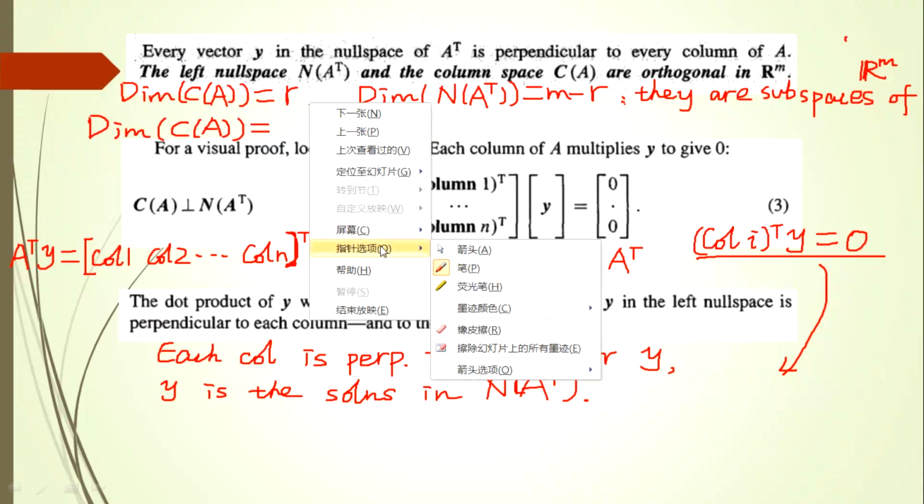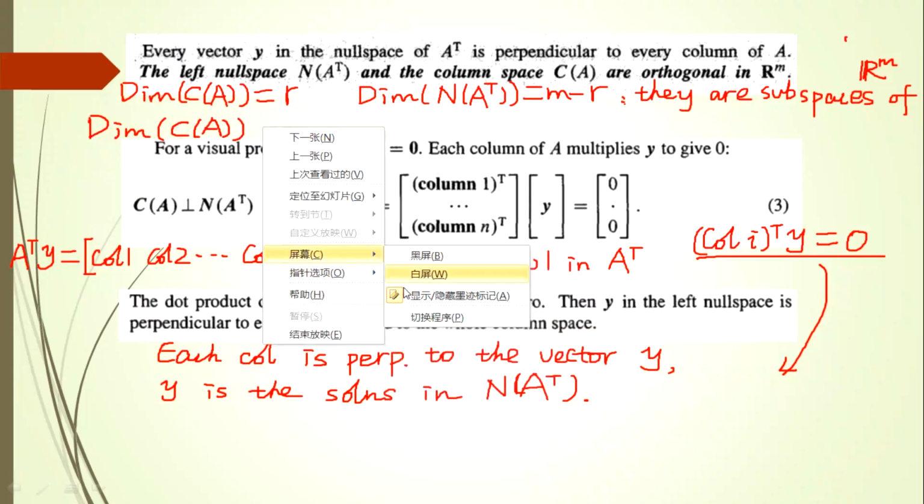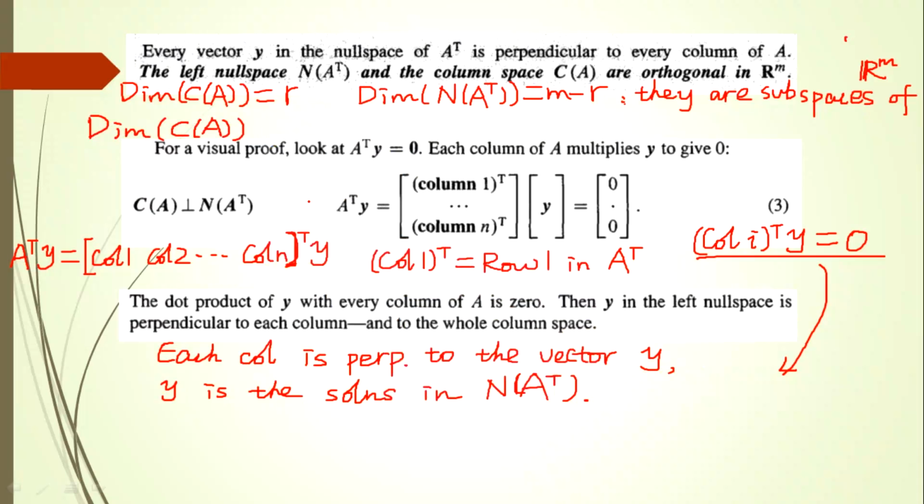The sum of dimensions gives m. And they are orthogonal subspaces. They are subspaces of Rm.